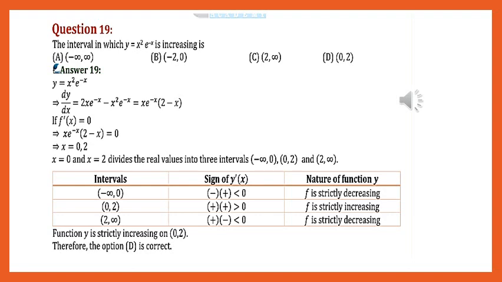Then we can take common factor out, equate it with 0. Here we see that x is equal to 0 and 2. Then draw the number line and plot these points. We see that there are 3 sub-intervals. Then decide the sign at each of these intervals. We see that in interval 0 to 2 the function is increasing.